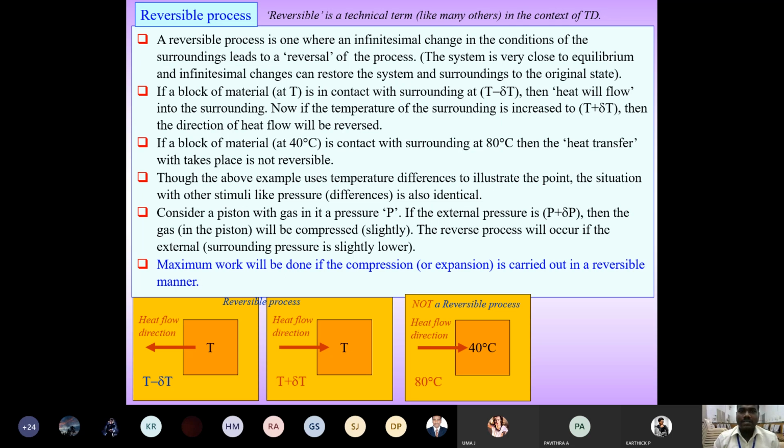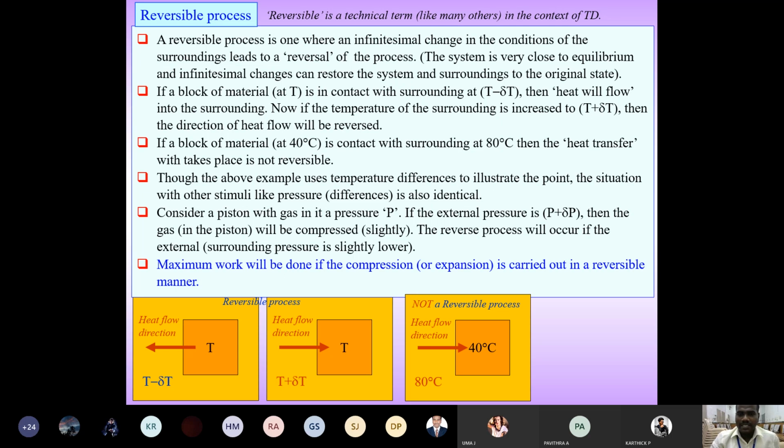A reversible process is one where an infinitesimal change in the condition of the surroundings, infinitesimal in the sense of small changes, leads to a reversal of the process. We can say it is a quasi-static process.